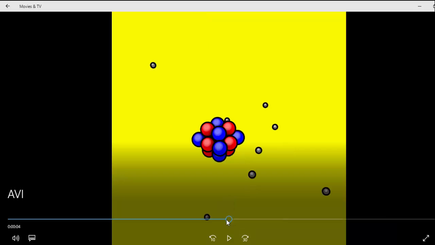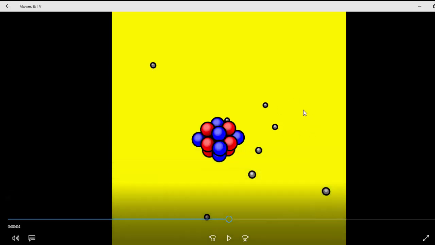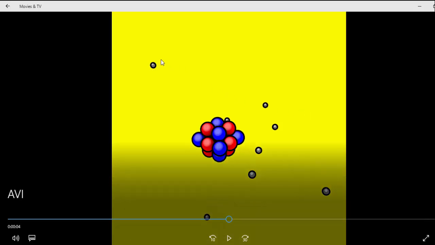However, here sometimes the electrons might be drawn to one side more than the other side. In this case, where the electrons are more concentrated will bear a partial negative charge, and this will bear a partial positive charge. So it will have a dipole.